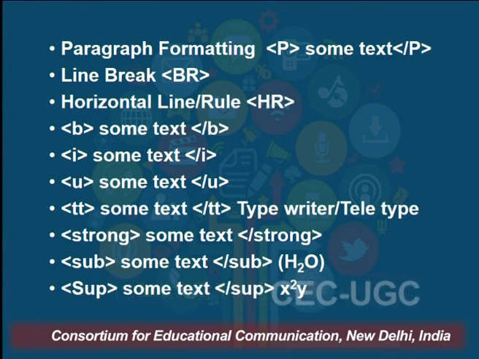So the text in your P tag will become aligned accordingly, right? Whenever you use a P tag, automatically the text will start from a fresh line, from a new line, because it will consider it as a new paragraph, right?